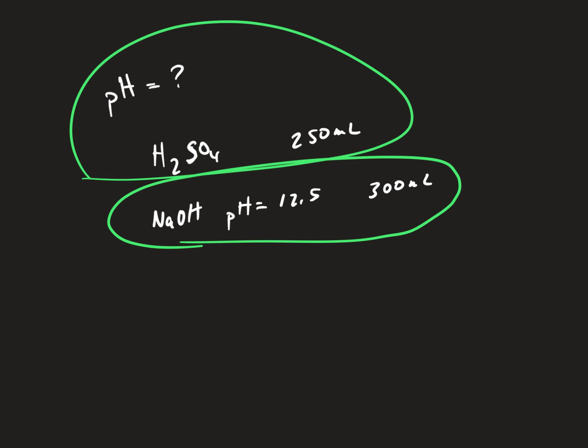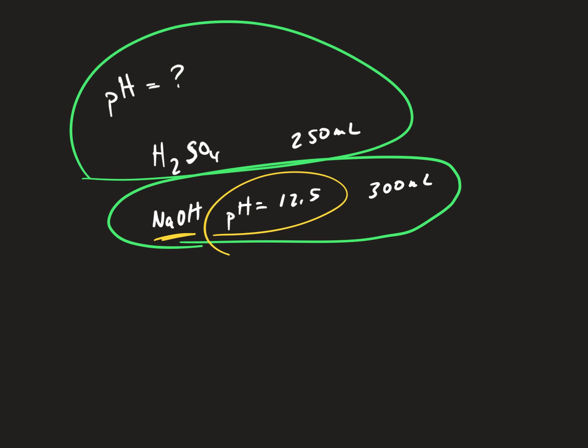Okay, so I know equations, right? And we have this on our reference sheet. So what can we find here? We possibly can find hydrogen concentration, but this is a base, so we might want to worry about our pOH.